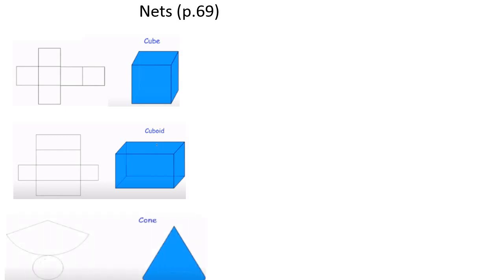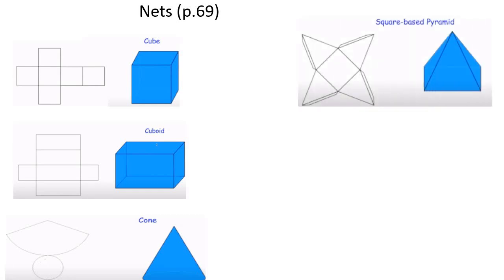Look at the next one, which is the cone. I have here the base face is a circle, and then you have one curved side which is bent together to make this cone. Now look at the square based pyramid. I have a square base, and I have 4 triangles here.